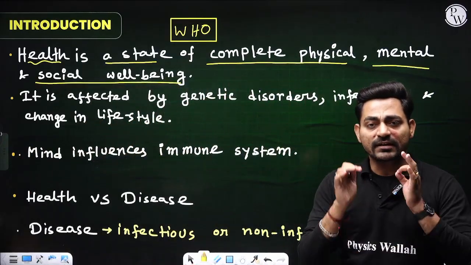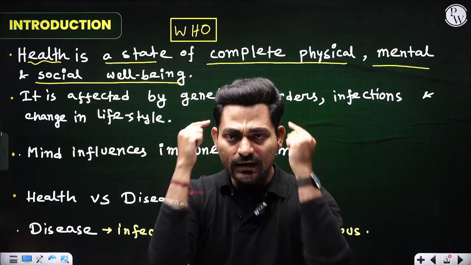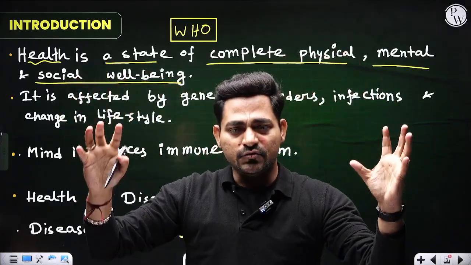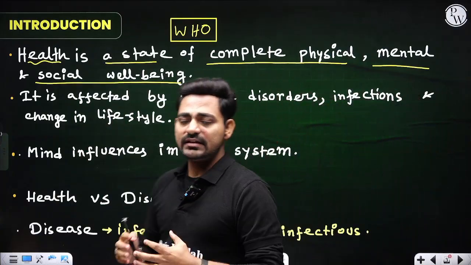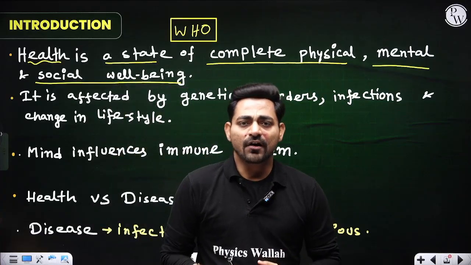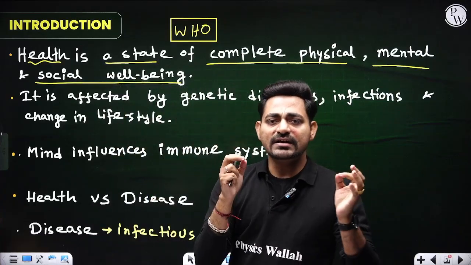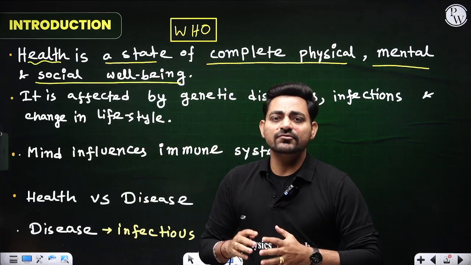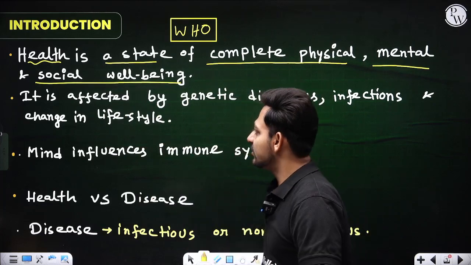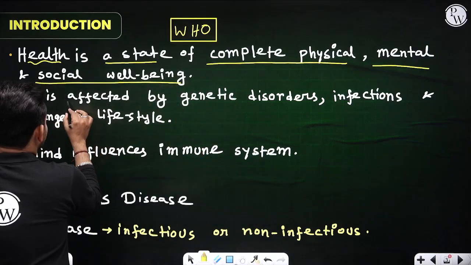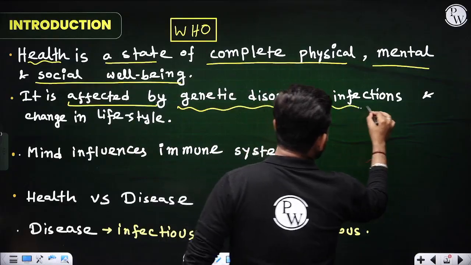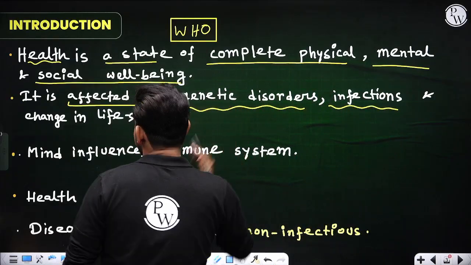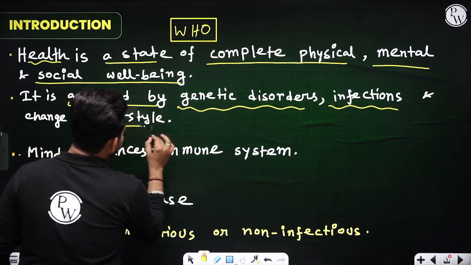It's not just that a person is physically fit or apparently feeling disease free; that doesn't mean you are a healthy person. It is affected by genetic disorders, infections and change in lifestyle.